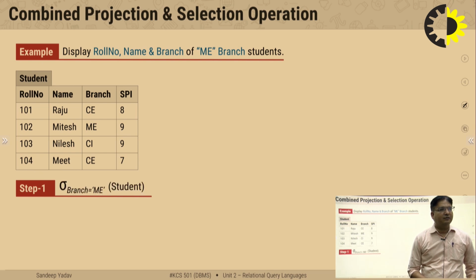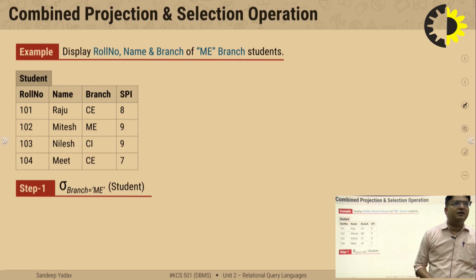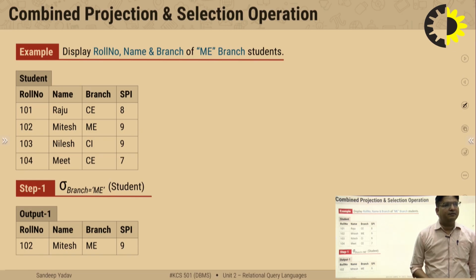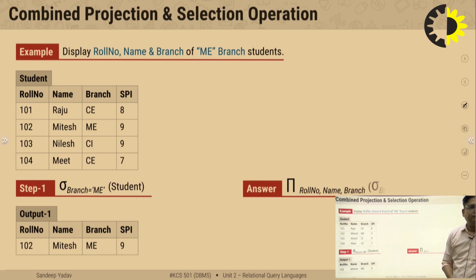Step number 1. First, we specify what the condition is. The condition is branch name equal to ME. So, this will be the first step. Thereafter, what we want to find out is roll number, name, branch.